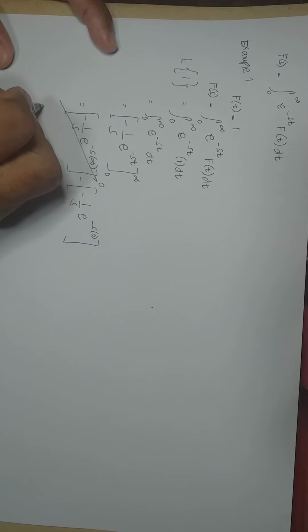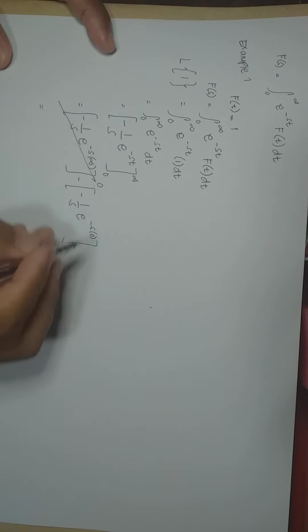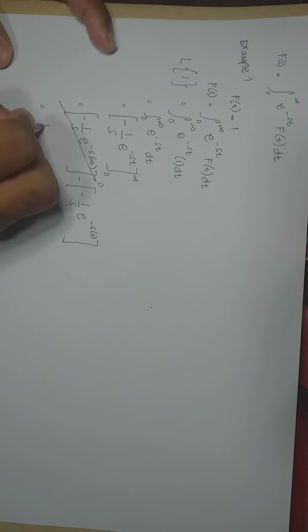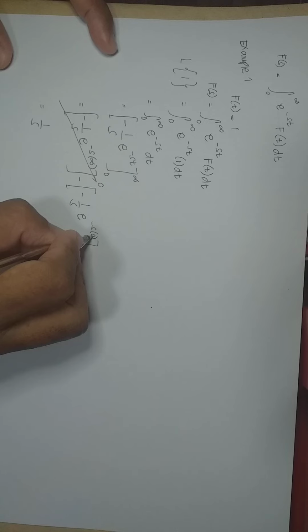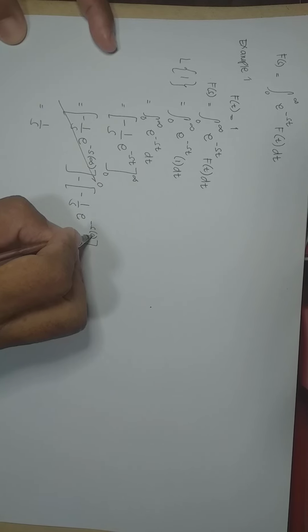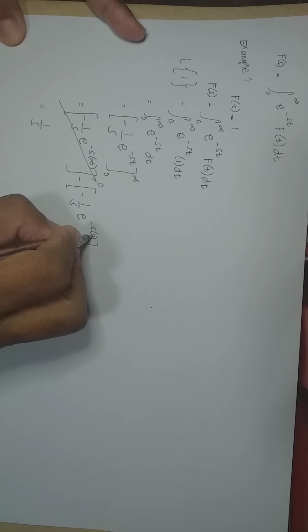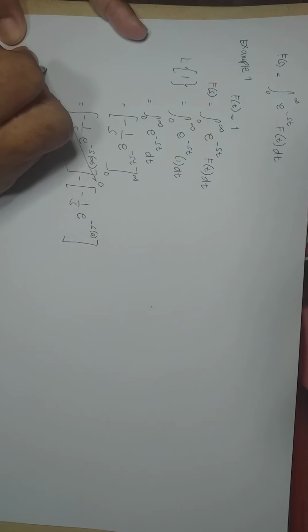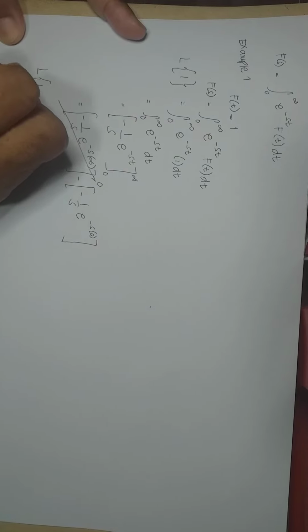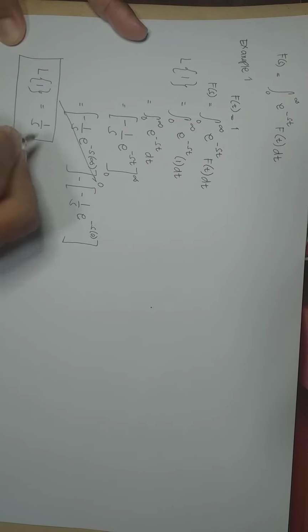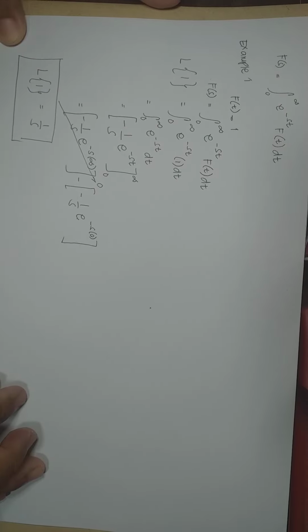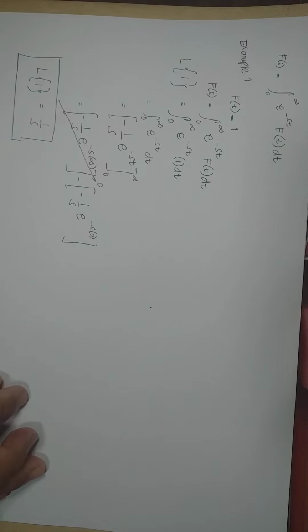So if that is 0, we'll have negative times negative, which is positive 1 over s times e to the 0, that is equal to 1. Therefore, the Laplace transform of the function f of t equal to 1, or the Laplace transform of 1, is equal to 1 over s. Okay? So that is example number 1.